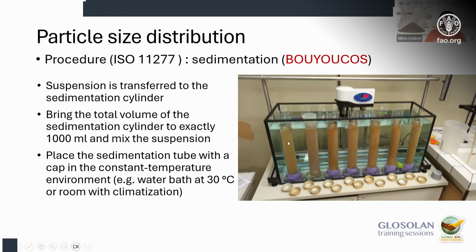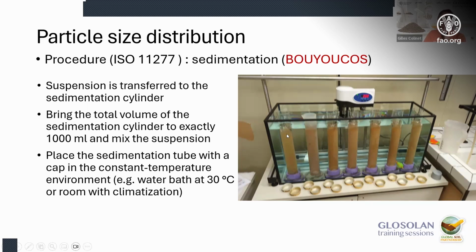Globally, we work with the water bath at 30 degrees here, and we make 3 different measurements: one after 3 minutes, one after 13 minutes, and one after 3 hours, but at 5 centimeters. We made the sampling.